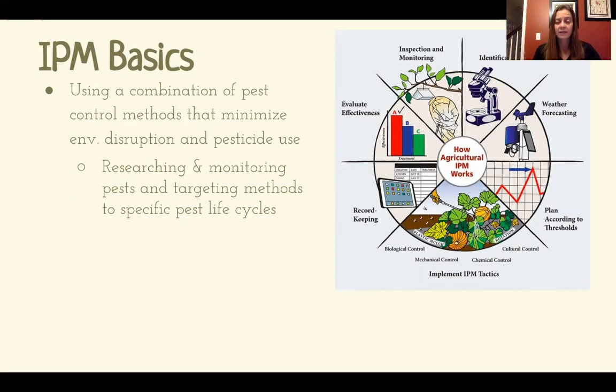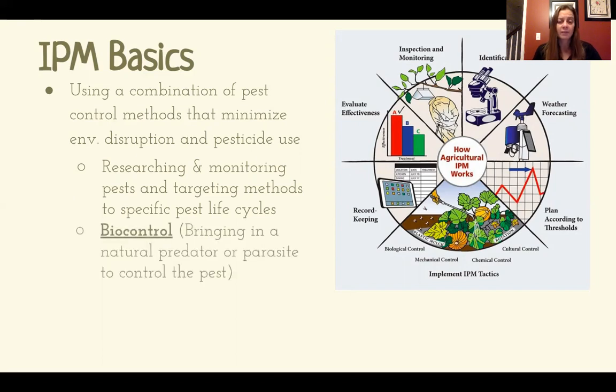tactics. And those tactics include really 4 or 5 different pieces. The one that we talk about the most probably is what's called biological control. And biological control means bringing in a natural predator or a natural parasite that helps to control the pest.